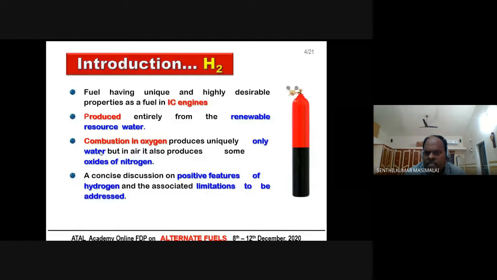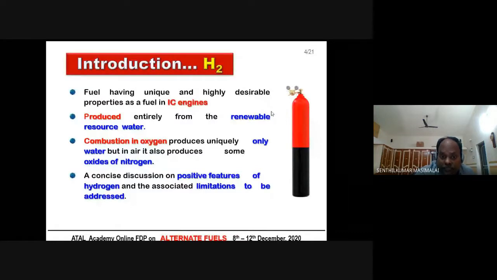We will not have any CO, hydrocarbon, particulate, smoke, or any other emissions from hydrocarbon fuels. Obviously, if you use air as the oxidizer, we will have oxides of nitrogen also, but otherwise combustion of hydrogen will result only in water. Because of these attractive properties, hydrogen is considered an excellent fuel of the future.